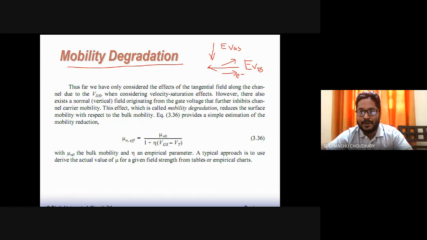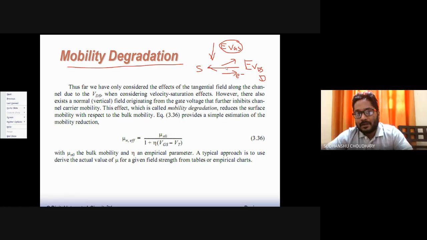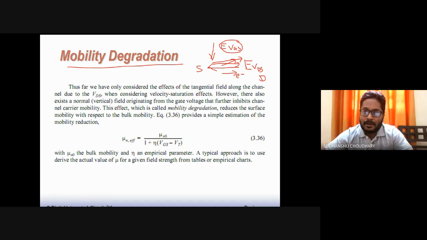Instead of moving from left to right, that is from source to drain, the electrons, because of the vertical electric field from the gate, instead of going straight, may experience somewhat of a deflection.